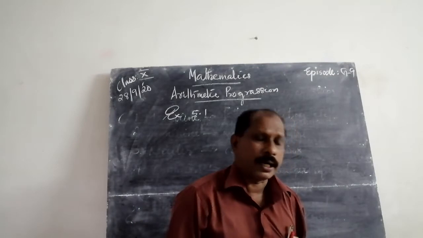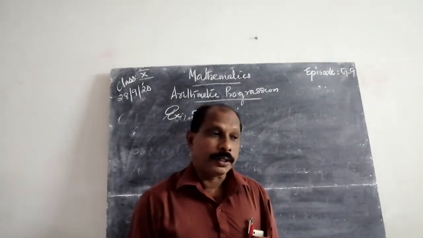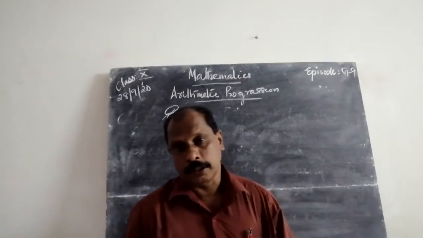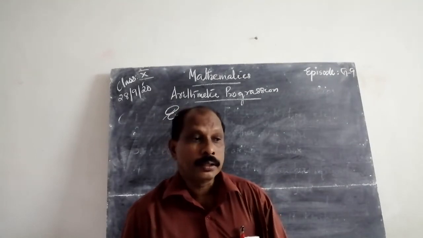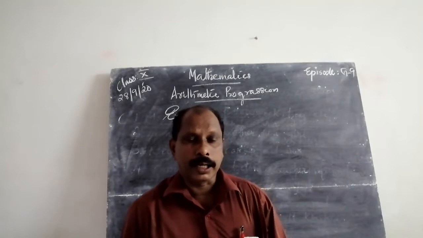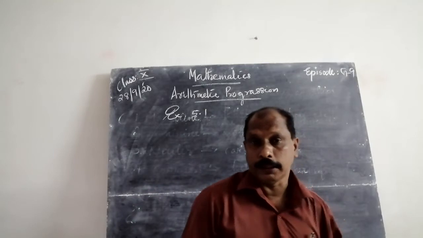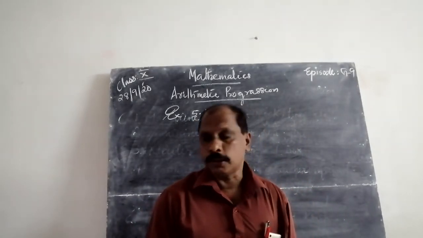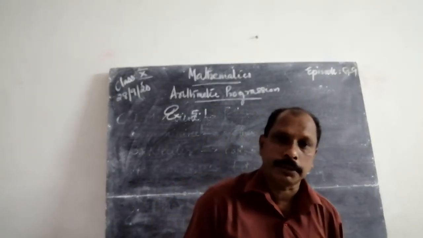If an minus a is a multiple of d, or perfectly divisible by d, then n is a natural number, therefore that term is a term of the progression. If an minus a is not perfectly divisible by d, that means n is a fraction, not a natural number, therefore that term is not a term of that arithmetic progression.